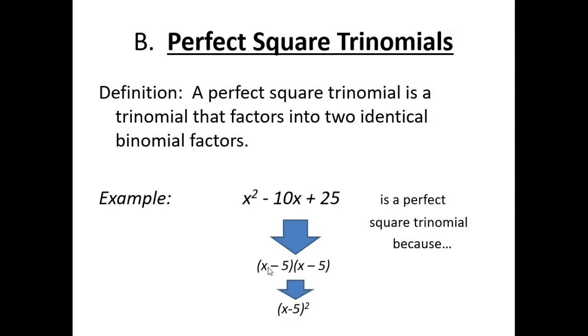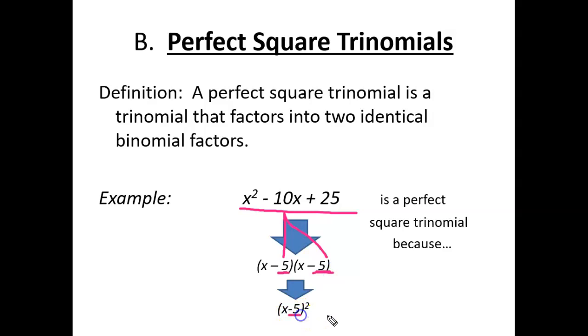Now, before we show you how to do that, I'm going to back up to this slide here, and I want to show you something. When you factor this out, the number that's right here is related to these two numbers. Okay, so -5 and -5, you put those together, you get -10. In other words, if you take half of this middle number, that's what tells you what goes here, right?